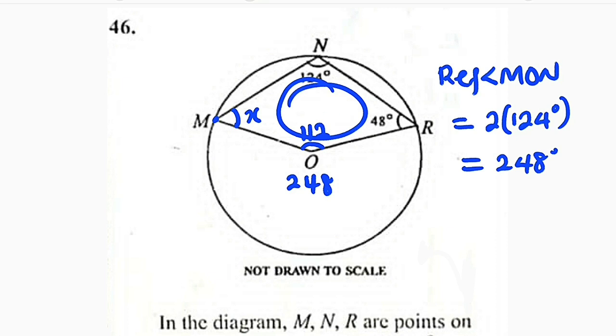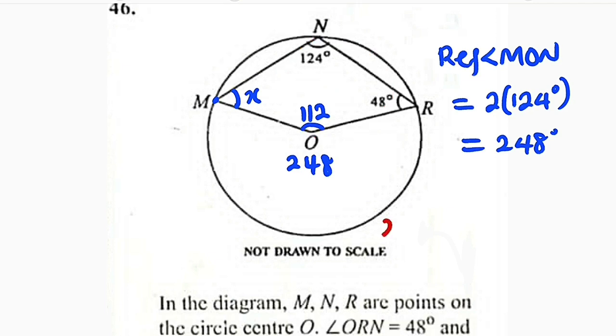And this is a quadrilateral, and you should know that the sum of all angles in a quadrilateral equals 360 degrees. Hence, we are going to subtract these three angles from 360 in order to get the other angle. X is equal to 360 degrees minus 124 minus 112 minus 48.